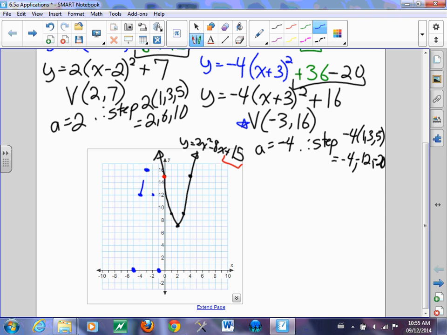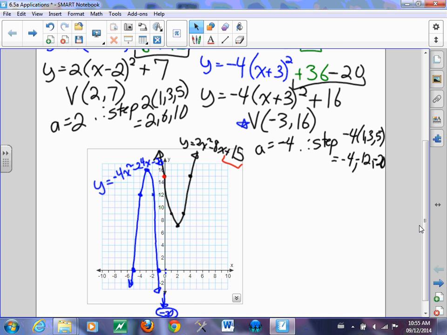And I'm going to carefully draw my parabola. Okay. And incidentally, folks, if I'm at the x-axis and I go over 1 and down 20, I'm going to be at negative 20 here, okay, which also matches my y-intercept from my equation. Okay, so this equation, folks, was y equals negative 4x squared minus 24x minus 20.